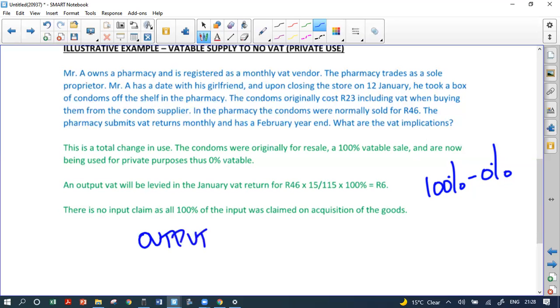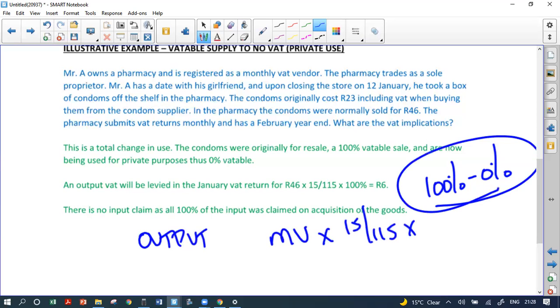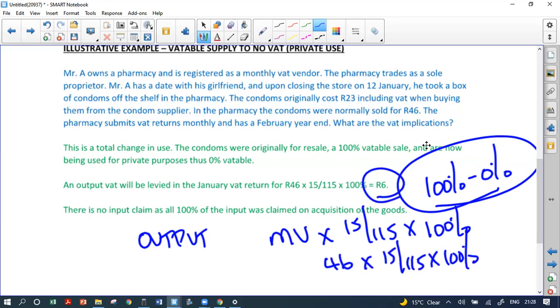Because it's an output, we use market value times 15 over 115 times the movement, which has gone from 100% to 0%, so 100%. That would be 46 Rand times 15 over 115 times 100%. And there'll be a 6 Rand VAT adjustment over here. You've got to do that immediately, and that's what's going to happen.